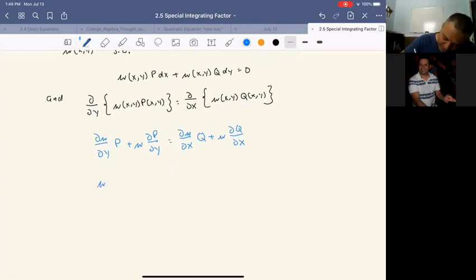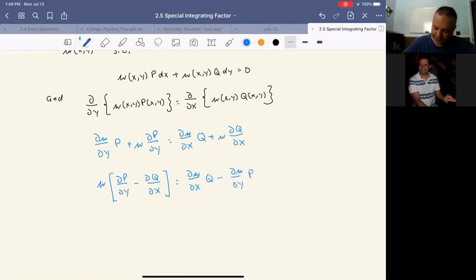So mu times partial of p with respect to y minus partial of q with respect to x should equal, on the other side, partial of mu with respect to x, q minus partial of mu with respect to y, p.